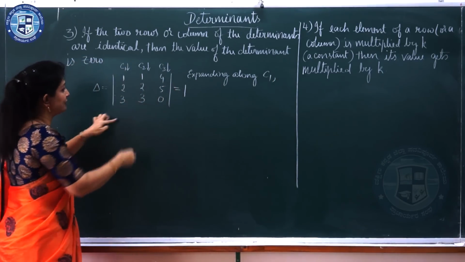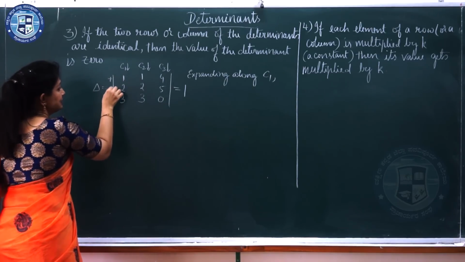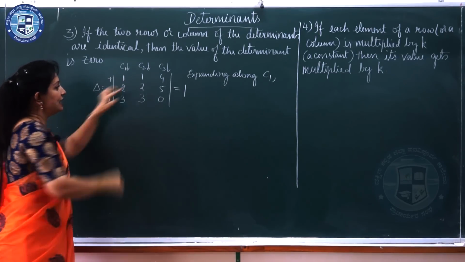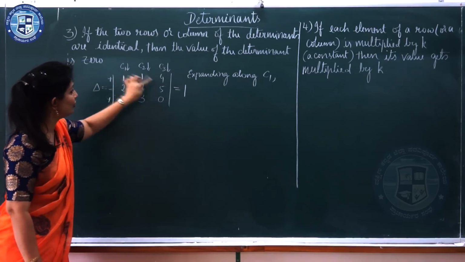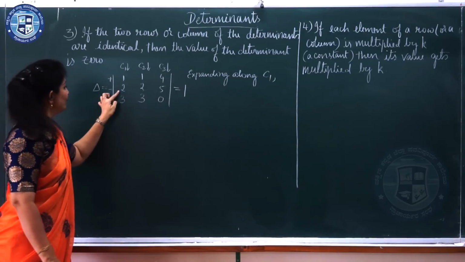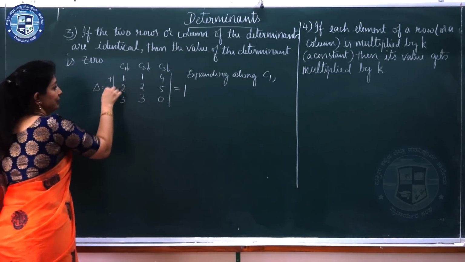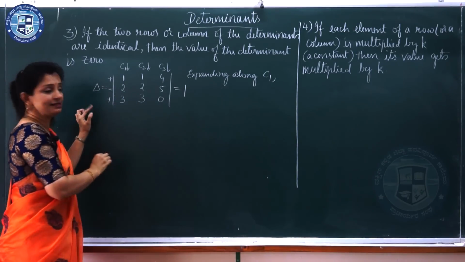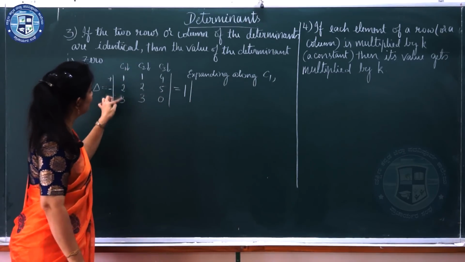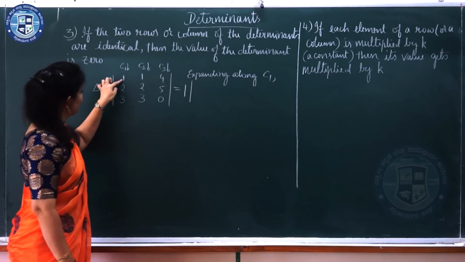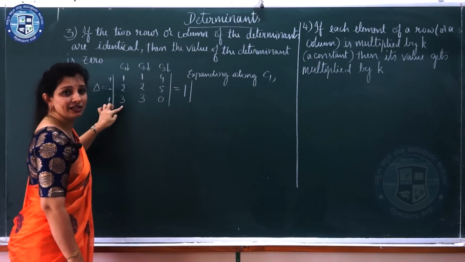When you expand along the first column, we write the signs as plus, minus, plus. Diagonally the elements are positive and the other 4 elements are negative. So 2 is negative here, plus 1 and plus 3. So it is written as plus 1 into, delete the row and column where 1 is. So 1 is in the first row and first column.